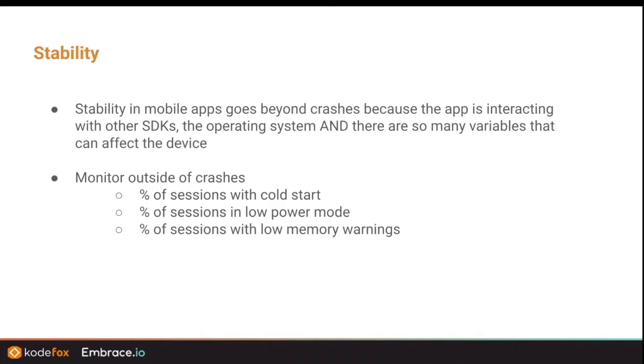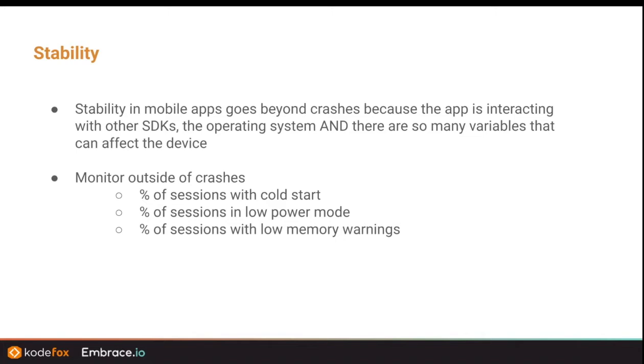Two other things to track in terms of stability: memory leaks. The operating system will tell you if you have a low memory warning. And so if you keep track of that version over version and you start to see an increase in low memory warnings, it may be indicative of memory leaks with your app. And then the last one is battery drainage.